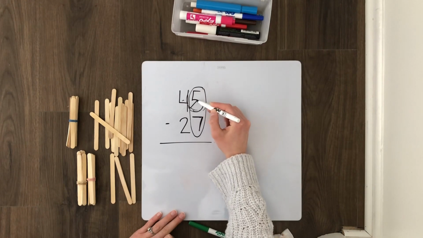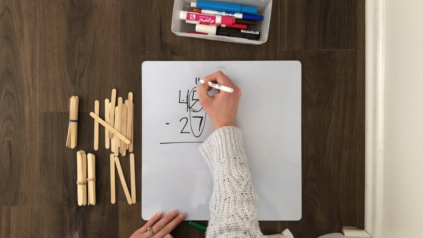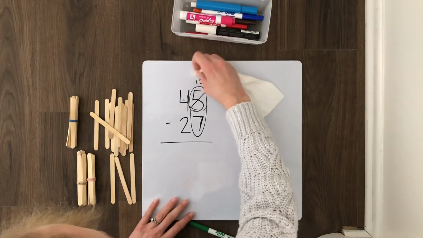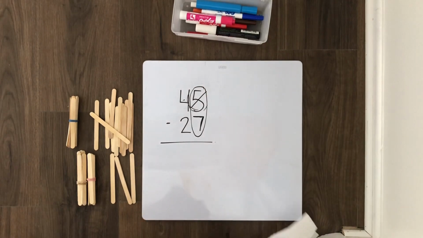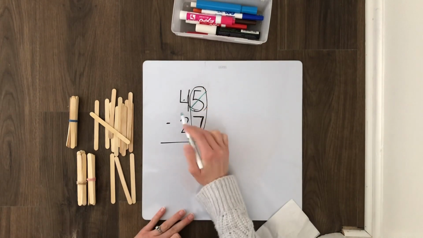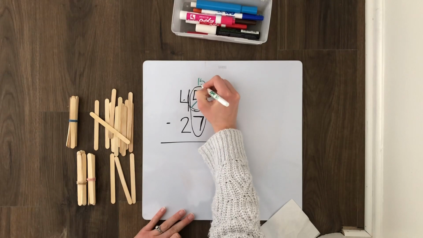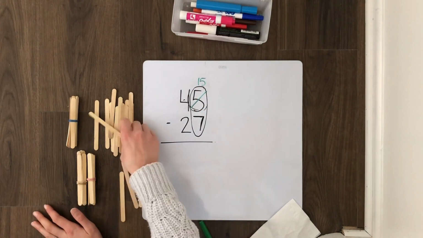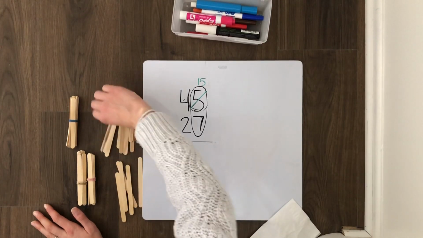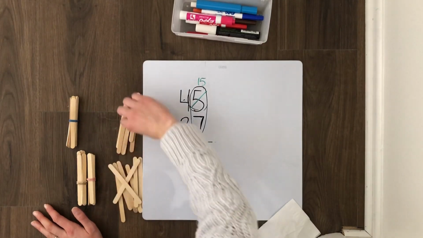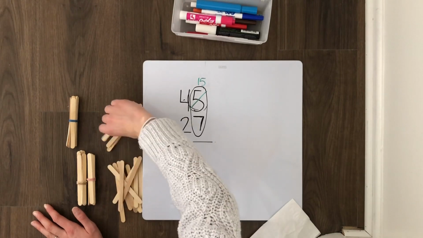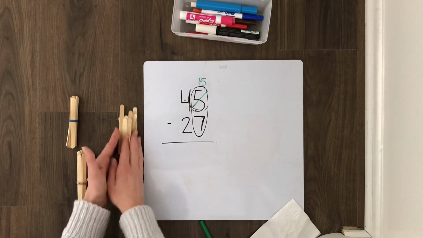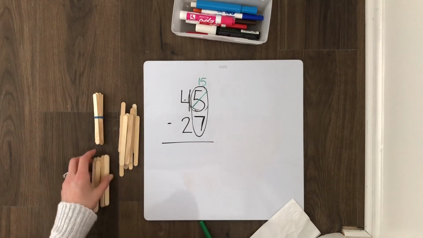So 5 plus 10 is 15. Let's count our popsicle sticks to make sure that's right. 1, 2, 3, 4, 5, 6, 7, 8, 9, 10, 11, 12, 13, 14, 15. Good, we're correct. There are now 15 ones.